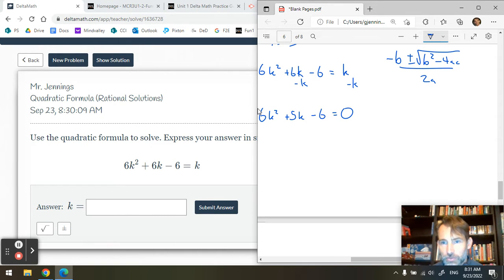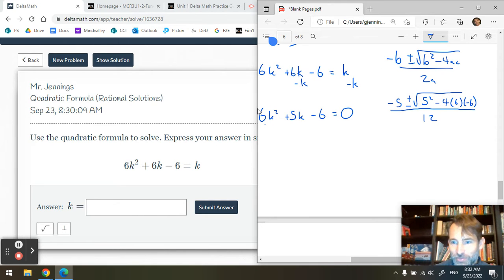B is 5, so we have negative 5 plus or minus the square root of 5 squared minus 4 times negative 6 times 6, all divided by 2 times a, which would be 12. I skipped a step. It's 2 times 6, okay? It's 2 times that number there. I move pretty fast, I know. No, it's not a big deal.